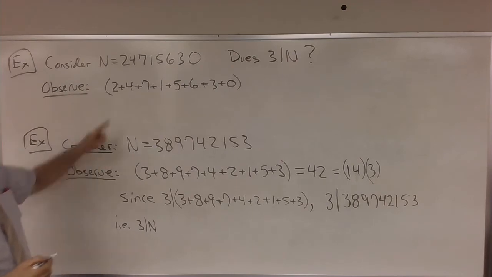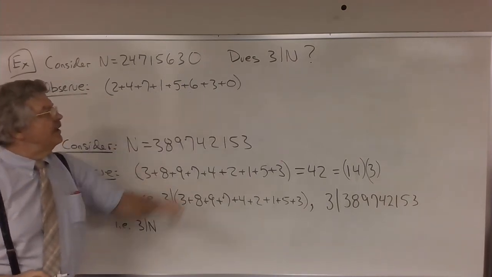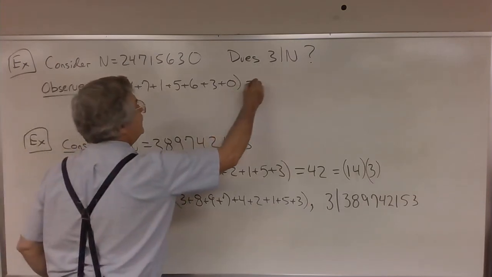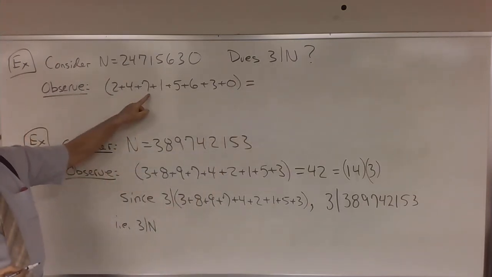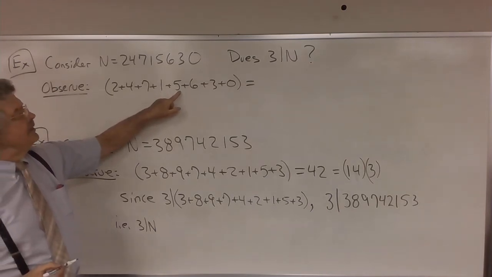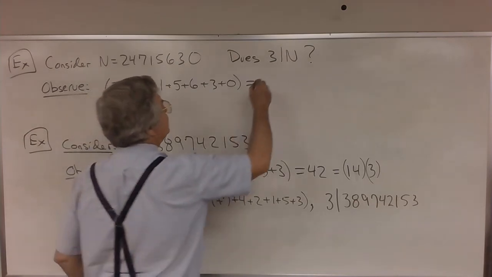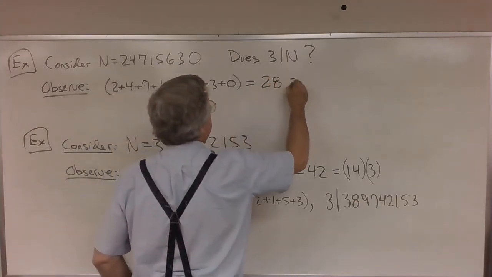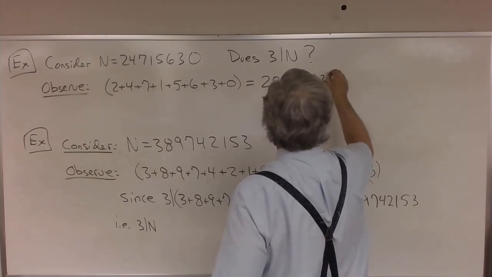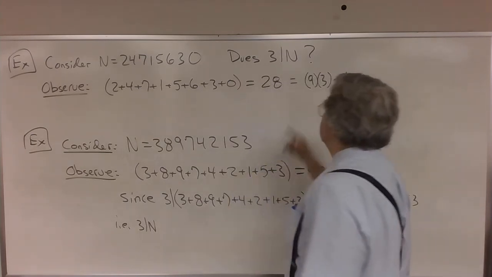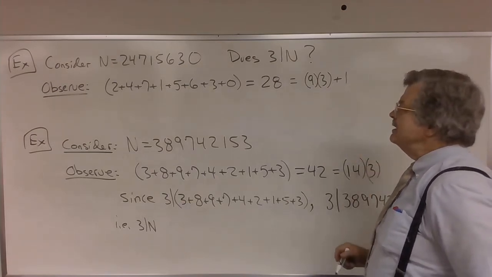Let's see, did I get them all? 247, 15630. And that's 6 plus 7 is 13, 14, 19, 25, 28. When we divide 28 by 3, we get a remainder of 1.